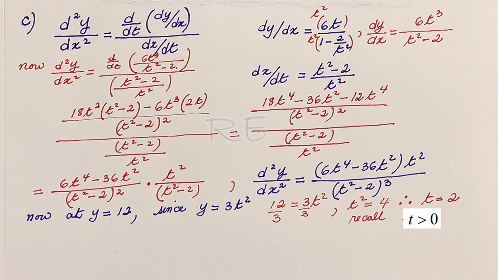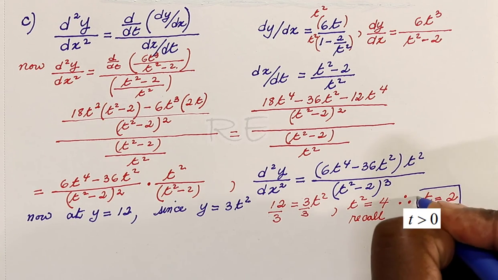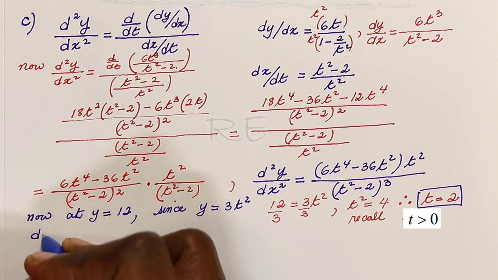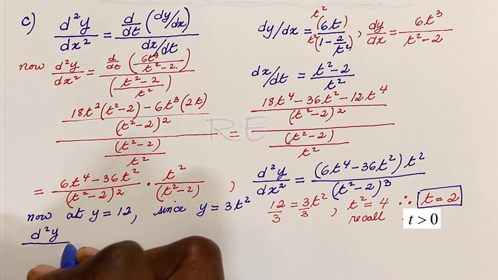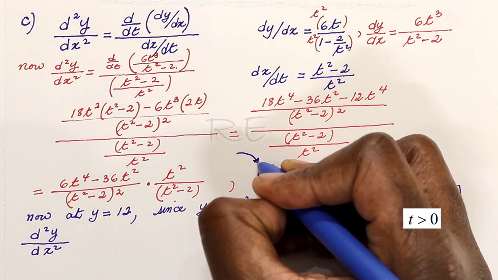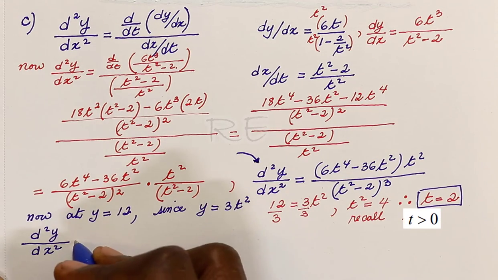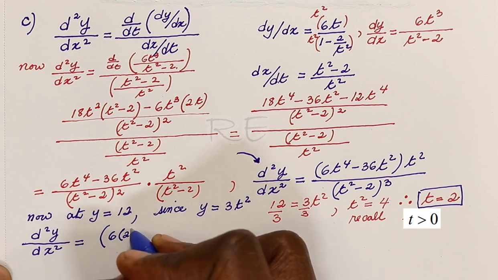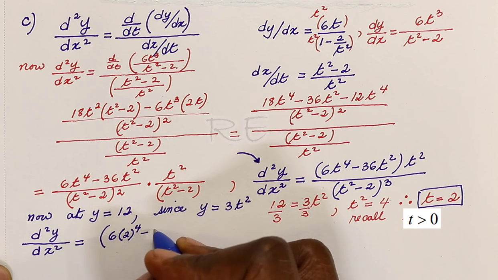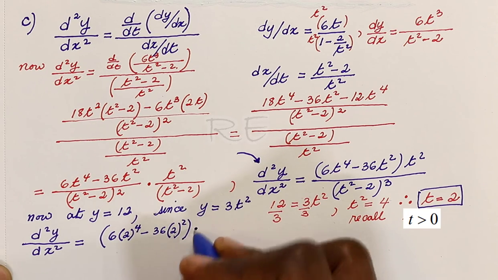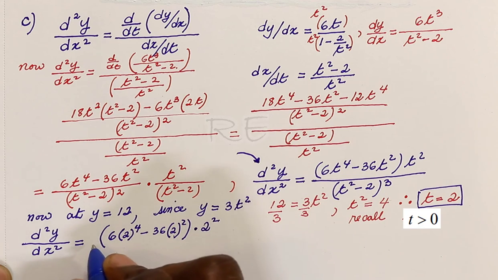Now it becomes a simple arithmetic problem where we just have to replace t by 2 in the second derivative. So the second derivative will be equal to, open parenthesis, 6 times 2 to the fourth minus 36 times 2 to the second, close the parenthesis, times 2 to the second.